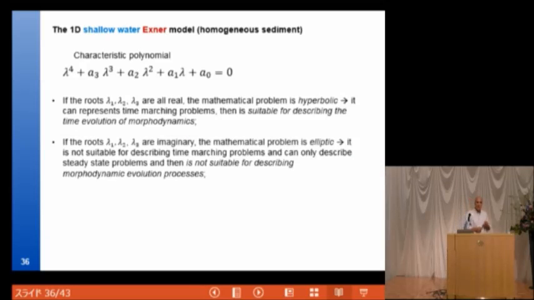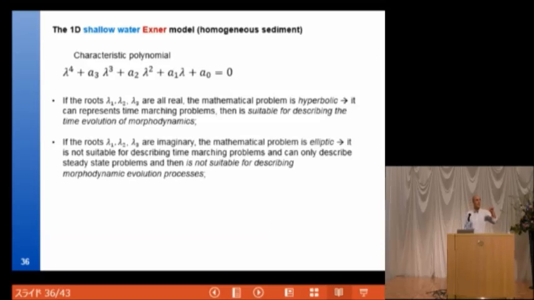Finally, I'll concentrate on a quite mathematical aspect, which has a lot of implications for numerical simulations. In the case of two fractions with the Hirano model, you have this polynomial.